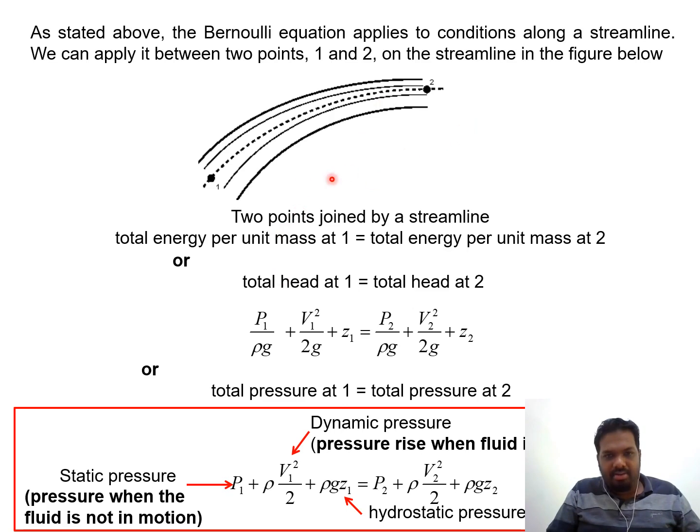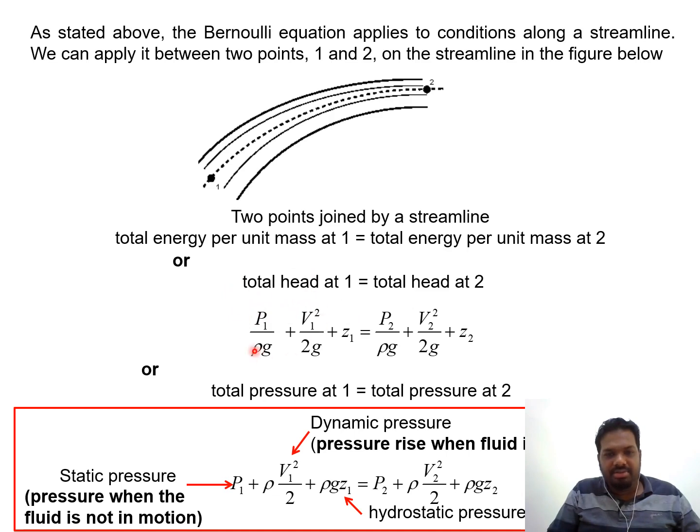So when you have 2 points in a streamline which meet all the conditions, then you can say that for 2 points joined by a streamline, the total energy per unit mass at 1 equals the total energy at 2.